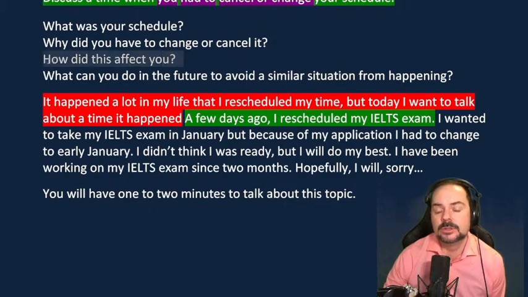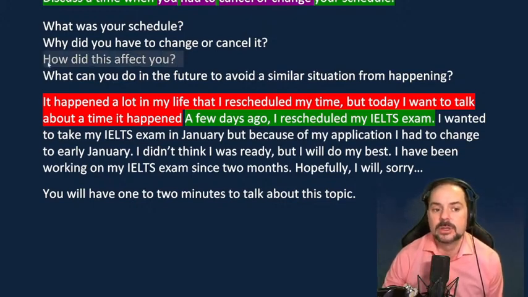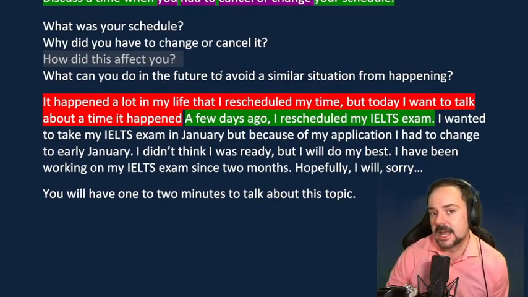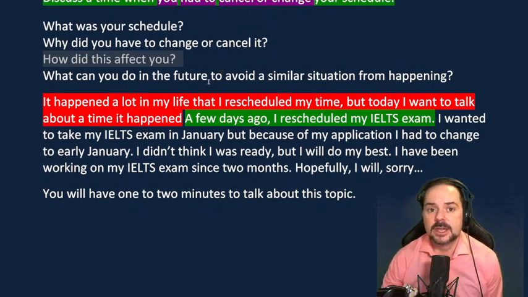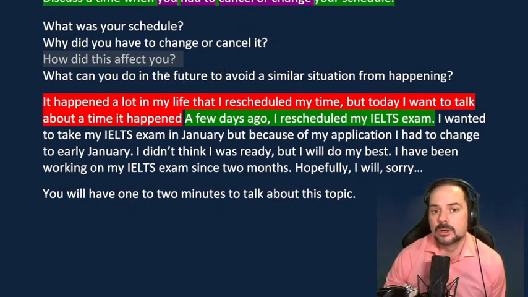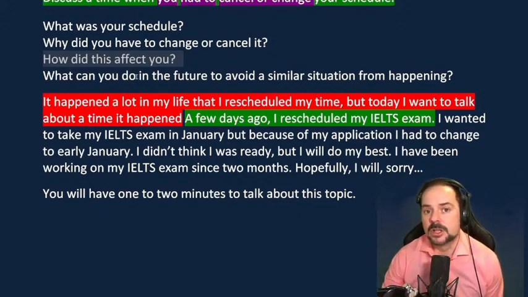For example, you didn't really clearly answer how this affected you, right? I guess that because you had to reschedule your IELTS exam, this also delayed your university application. So instead of starting university in September of 2022, you will now be starting in January of 2023, right?